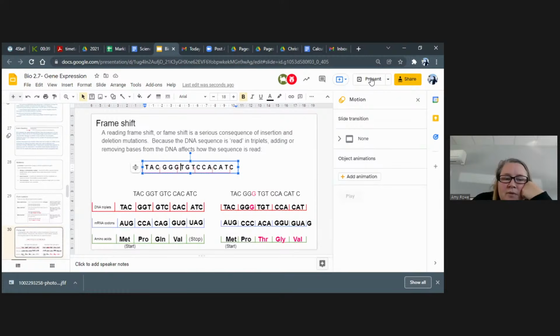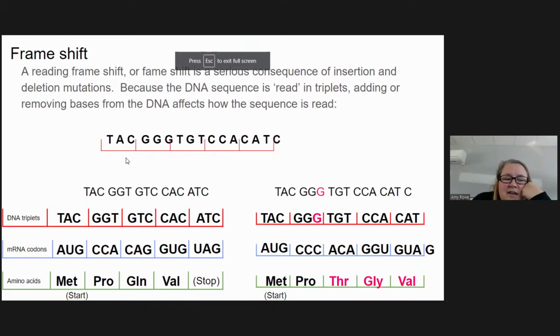I'm just going to present that again. So this is the change we've made. We've added the extra G. These are our original DNA triplets, and you can see that now our triplets have changed from our second triplet onwards. So instead of GGT, we now have GGG.